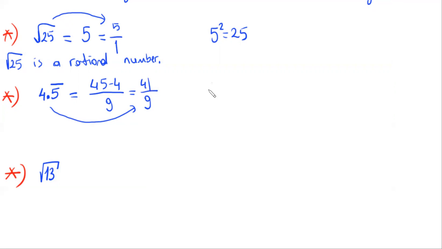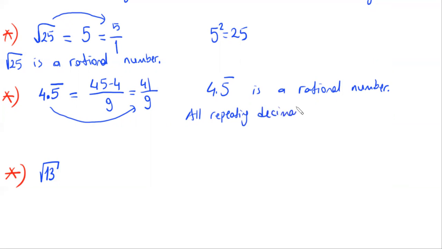That means this is a rational number. So we can actually say all repeating decimals are rational numbers.